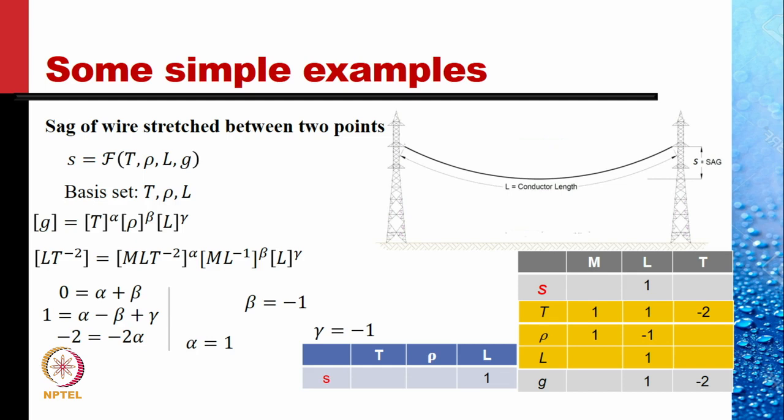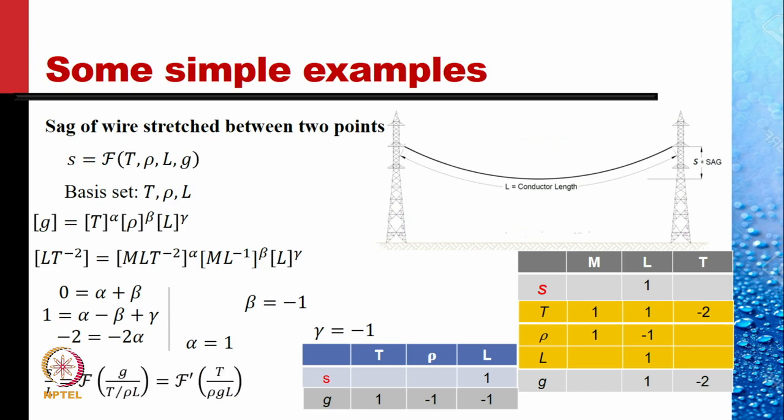So the dimensions of G are T divided by rho L, that is T1, rho minus 1, L minus 1. So we can write S by L is a function of only one pi number, G divided by T divided by rho L, or T divided by rho G L. It doesn't matter whether you write the inverse or any power of a parameter.